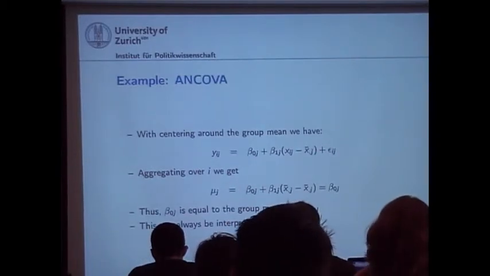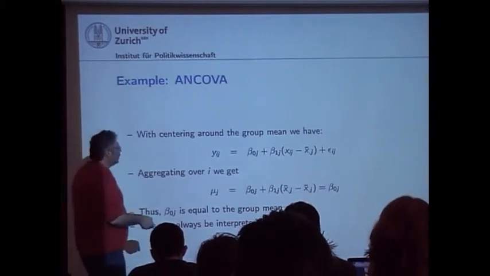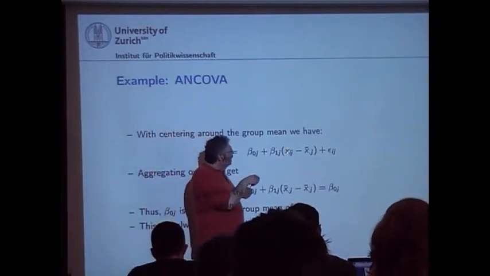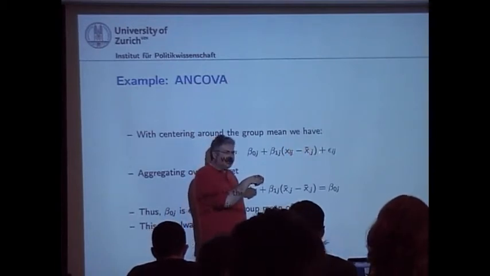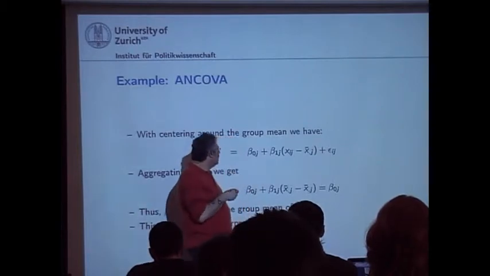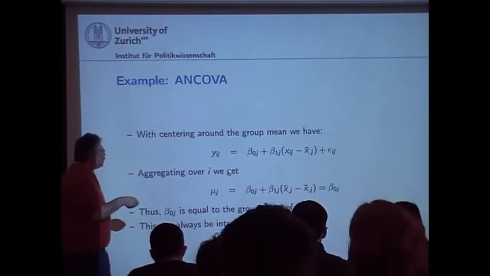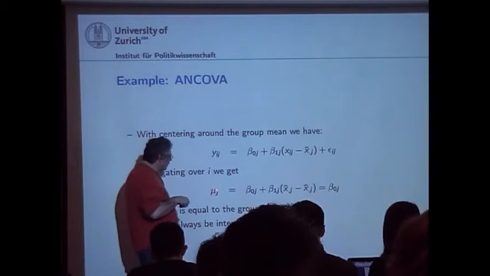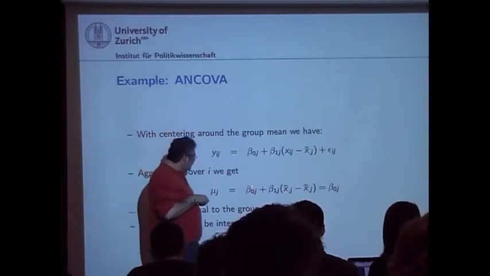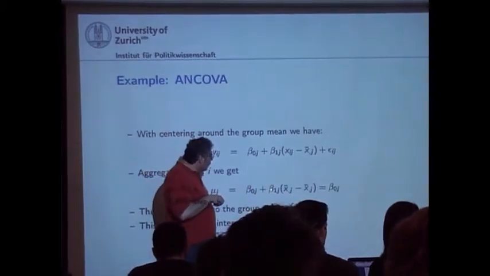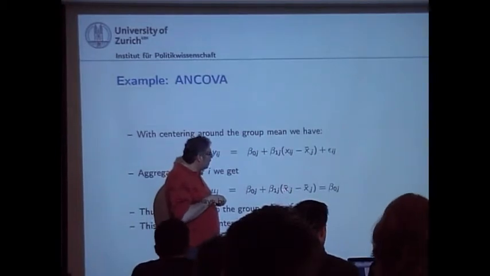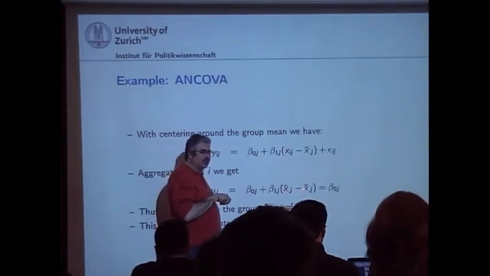It gets even simpler when we do centering around the group mean. So the same model again, but now we have x sub ij minus x bar dot j. So we're subtracting out the group mean. Now we aggregate over i. We end up getting mu sub j is beta 0j plus beta 1j times x bar dot j minus x bar dot j.